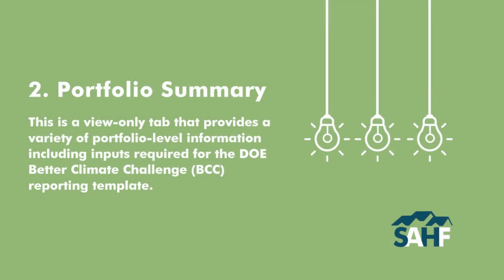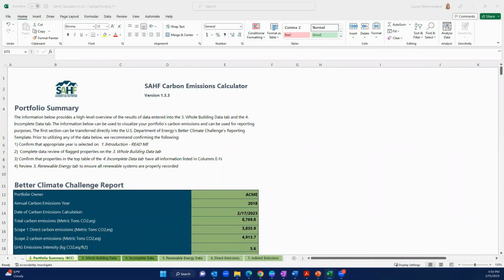Congratulations. Now you've finally reached the end of doing data collection, input, and verification. You can go ahead and navigate to the Portfolio Summary tab that's highlighted in yellow. This is what it looks like here, and it's going to give you information that is organized how the DOE's Better Climate Challenge report is.